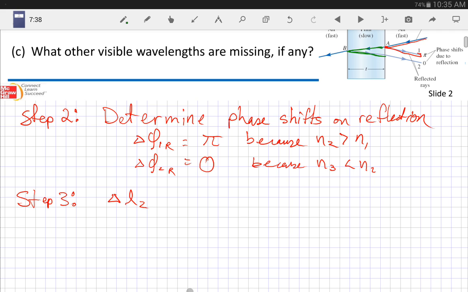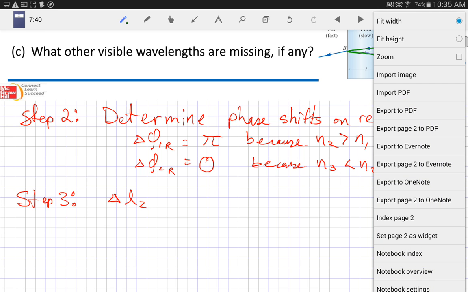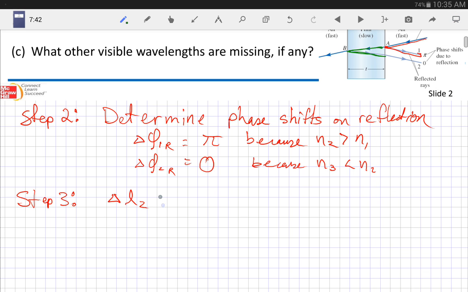So how many times did that go through the film? Twice. So this is going to be equal to 2 times the thickness. So we have 2 times the thickness is the difference in path length. How do I find the phase difference that results from that?